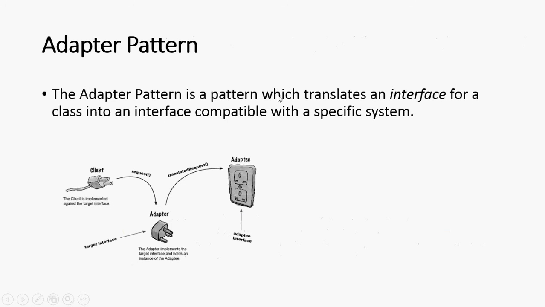The second design pattern we want to look at is the adapter pattern. The adapter pattern is a pattern which translates an interface for a class into an interface compatible with a specific system. From this figure below, we can see that an adapter is a device used to connect two pieces of equipment that were not designed to be connected at the beginning.